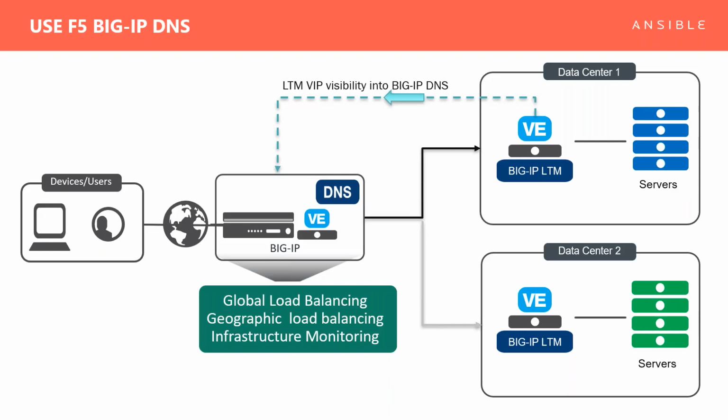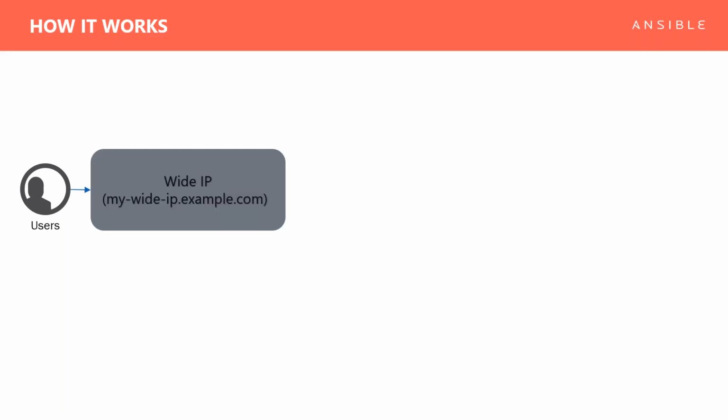Now, taking this topology in mind and going a little bit deeper to see the configuration that's done on the BIG-IP DNS as well as the BIG-IP LTM, we have the users who basically access a wide IP. Consider it as a URL, right? I want to be able to access data that's residing behind that URL.